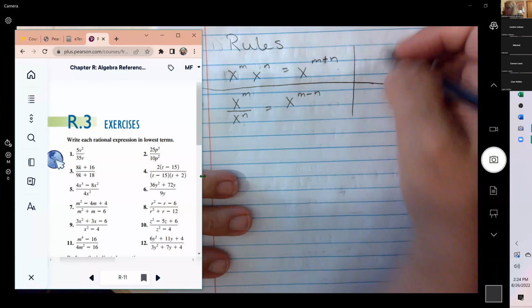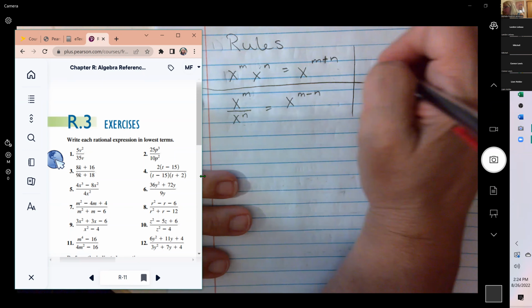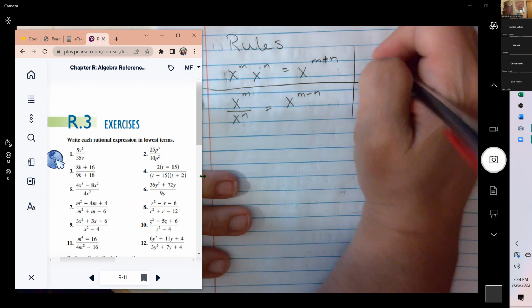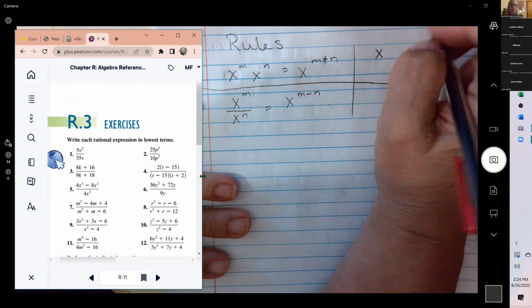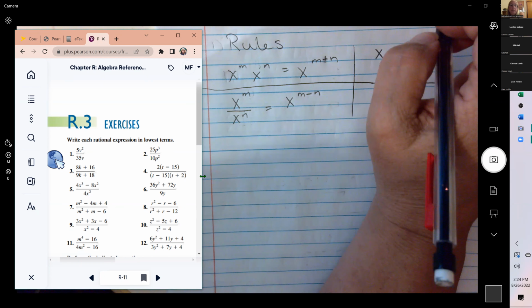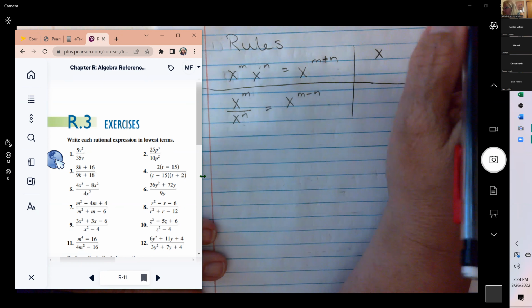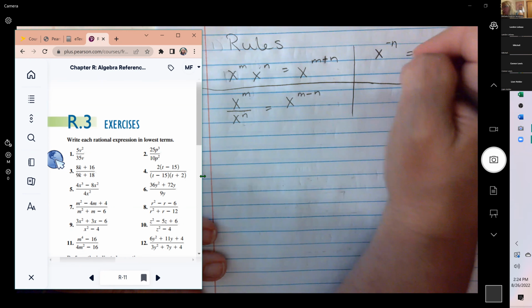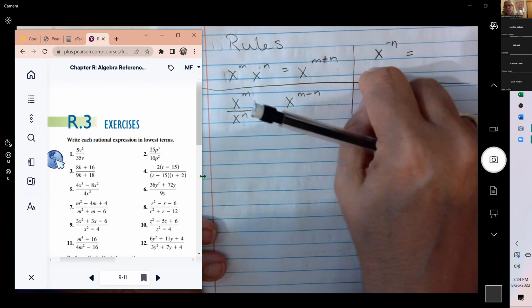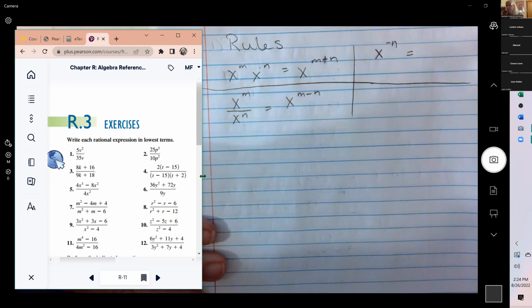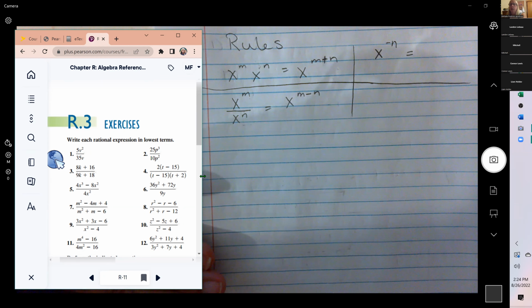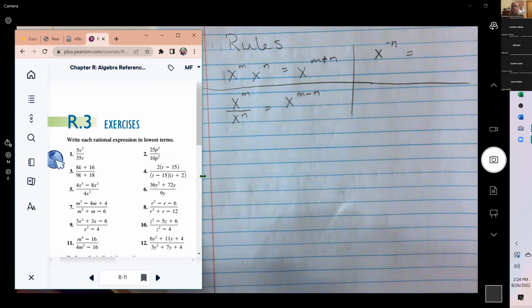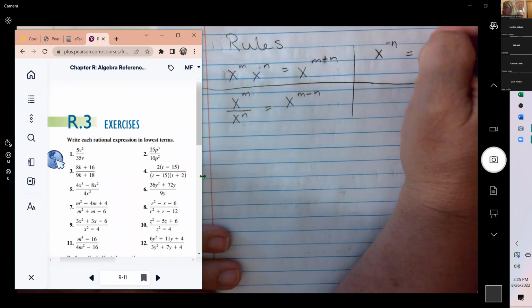When you subtract, if you end up with a negative exponent, there's more negatives in 6 and 7 than there isn't. I don't know if any of them end up negative here, but just in case we do end up with a negative, when you subtract them, it's not reduced if you have a negative exponent. To make it positive, it'll move down, or if it's down, when you move it up, it changes the sign of your exponent. So this would be 1 over x to the n.